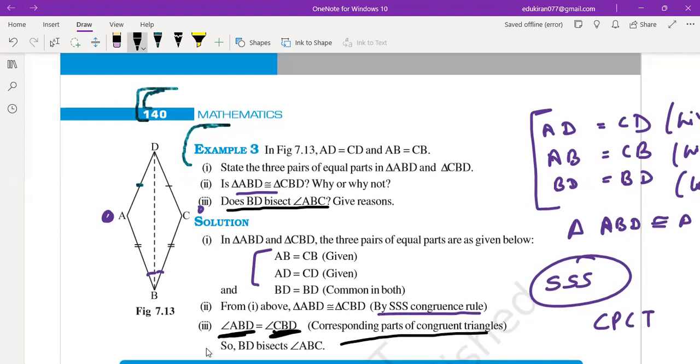Bisect means equal parts, so this angle should be equal to this angle. So you say, yes ma'am, they are both equal because you proved that this triangle is congruent to this triangle, and the reason is CPCT, corresponding parts of congruent triangles. Clear? So you can note it down. This is the format, this is how you have to write your answers.